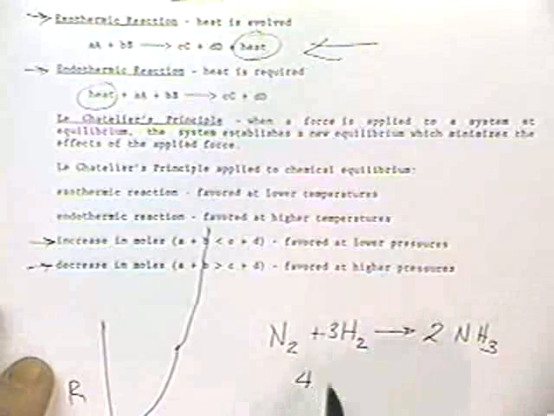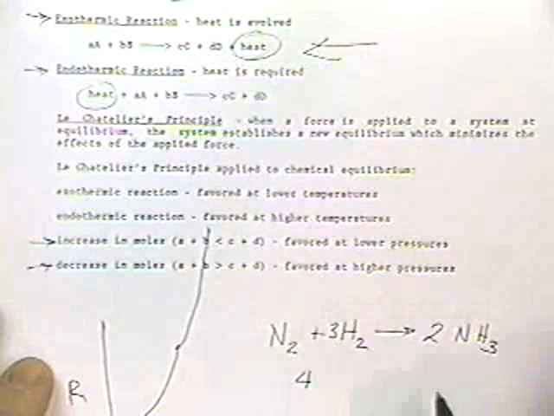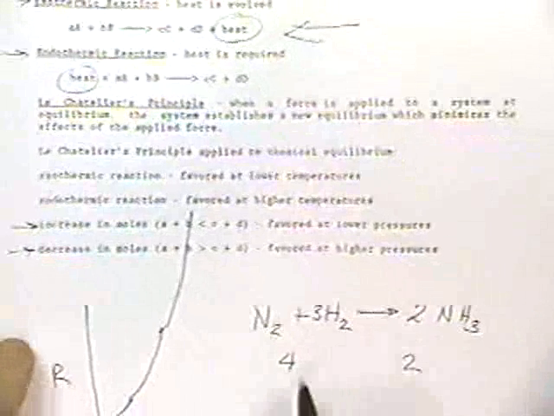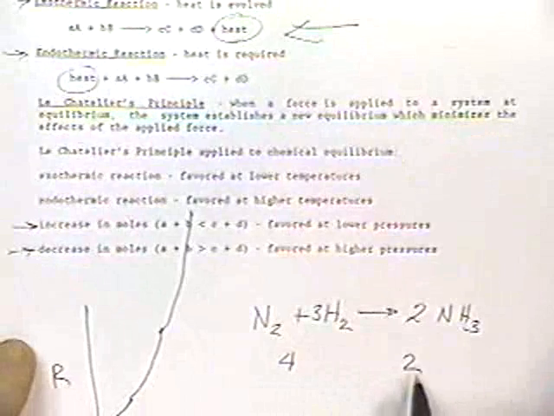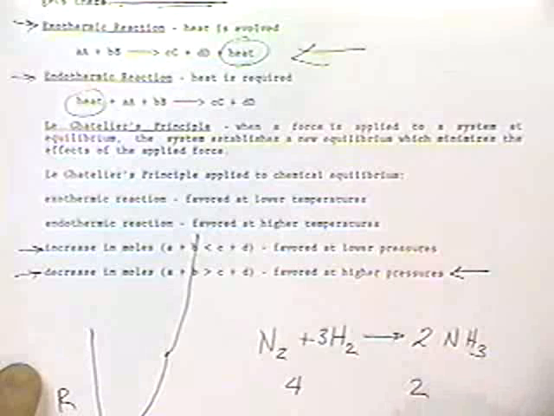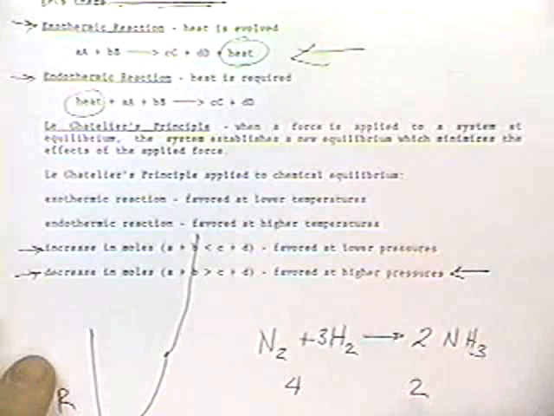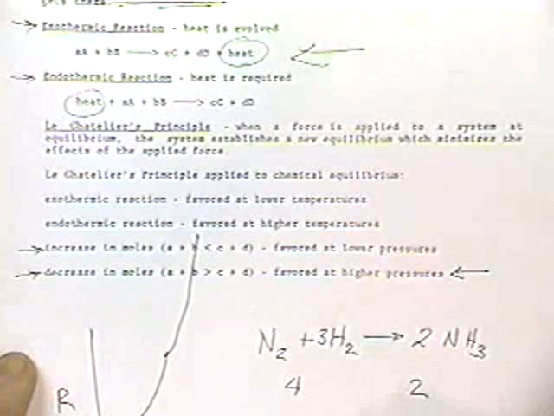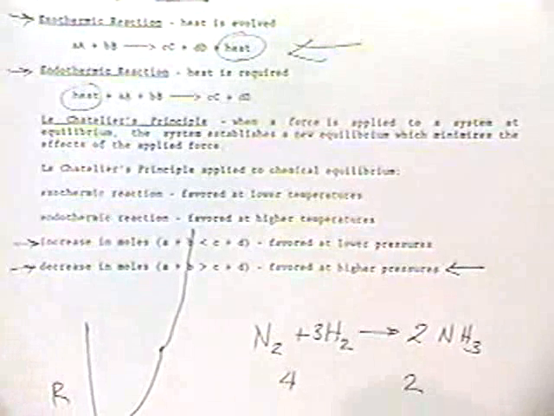You can see here we're starting with 4 moles, 1 plus 3, and ending up with 2 moles. So we're having a decrease in number of moles, which Le Chatelier says run that at high pressure. And truly, in industrial reactions, they run these at about 200 to 300 atmospheres of pressure. Enormous pressures, and even then it doesn't go to completion. It only goes to 30 to 40% of completion.